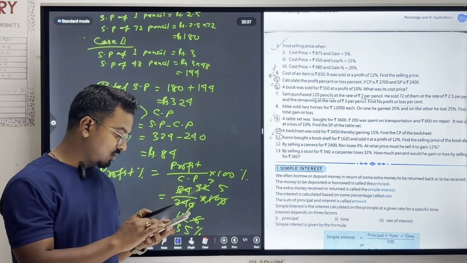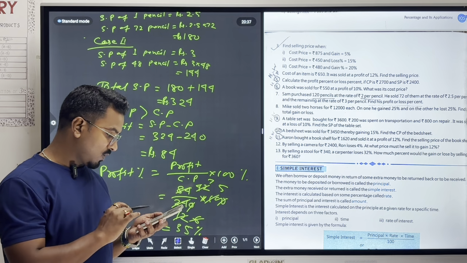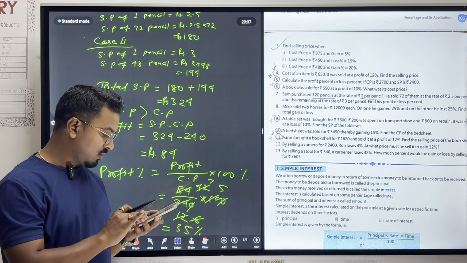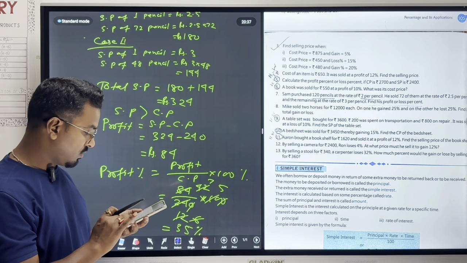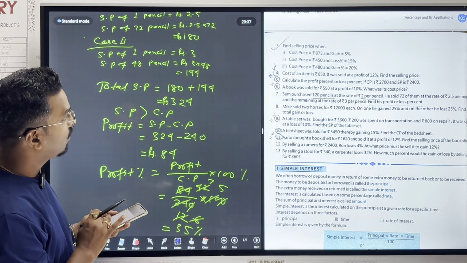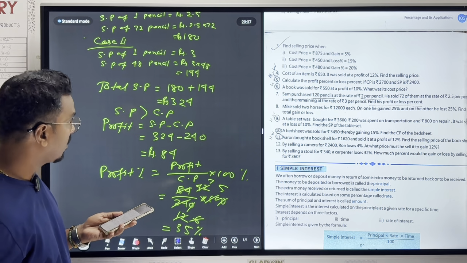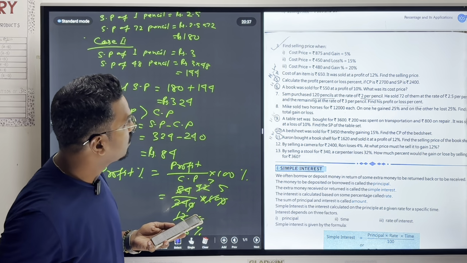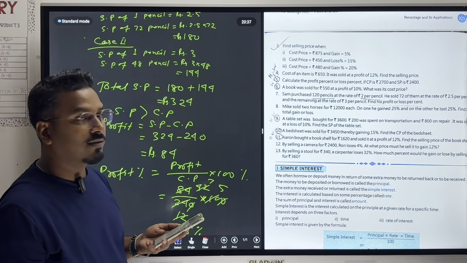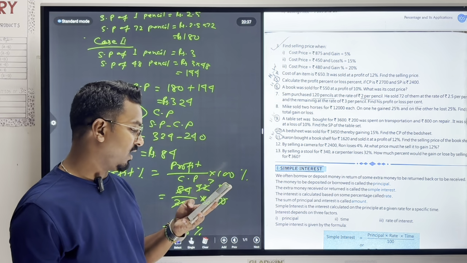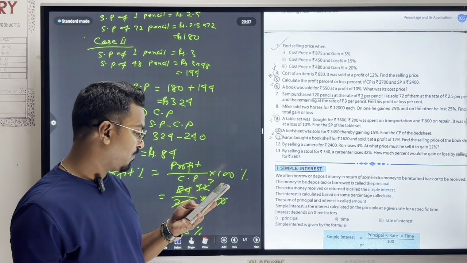35%. Let me check the answer. This is question number 6 or 7. Okay, I skipped question number 5 and 6. I directly moved to question number 7.